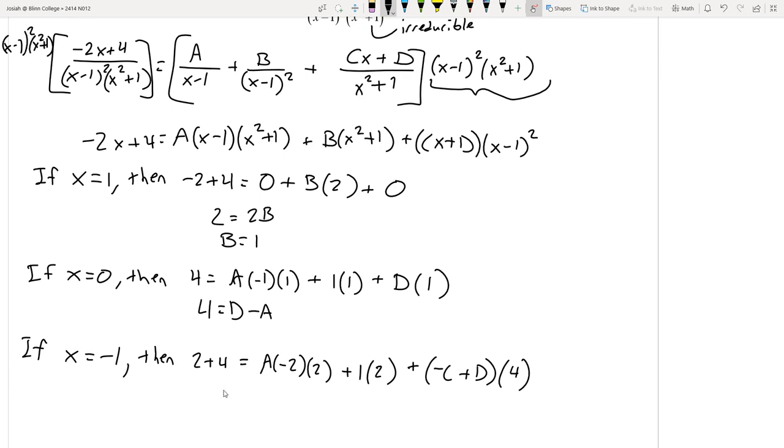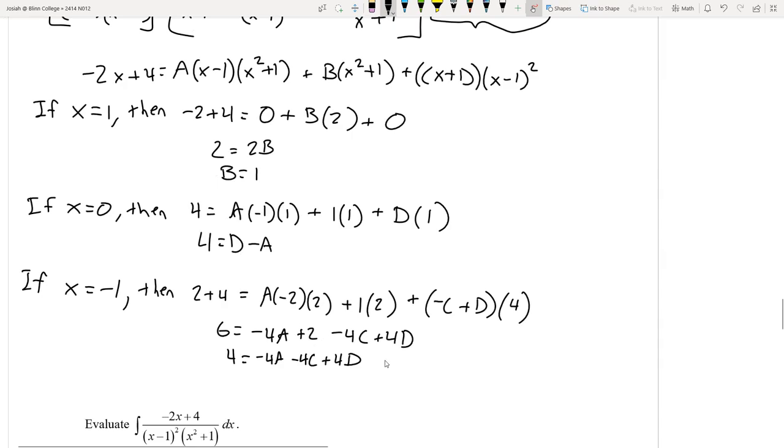So we get 6 equals negative 4a plus 2 minus 4c plus 4d. So we get 4 equals negative 4a minus 4c plus 4d. And so that kind of gave us 3 unknowns. So we still have more work to do here.